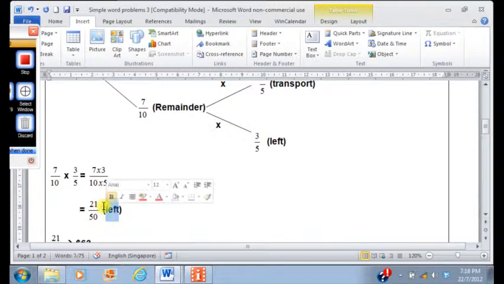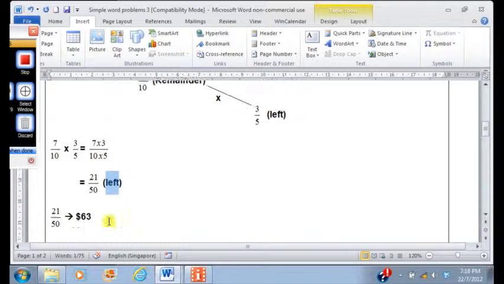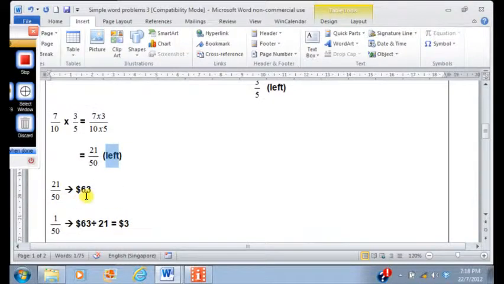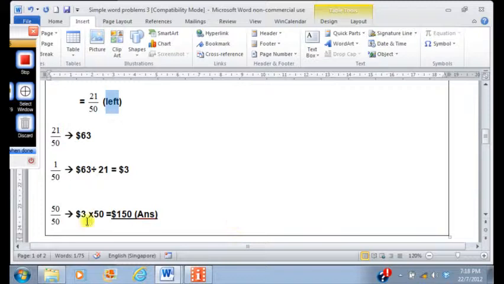Since he had $63 left, 21 over 50 is $63. 1 over 50 is $63 divided by 21, which equals $3. And 50 over 50 is $3 times 50, which equals $150. That is the amount Nelson had at the beginning.